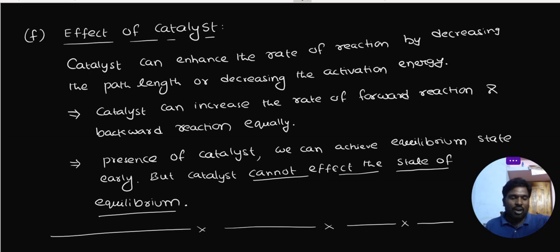Among all these factors, addition of inert gas at constant volume has no effect. That condition cannot affect the equilibrium system. What is the other factor? Catalyst cannot affect the equilibrium. Understood? Two factors cannot affect the equilibrium.